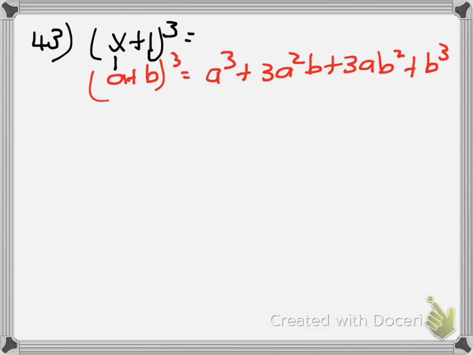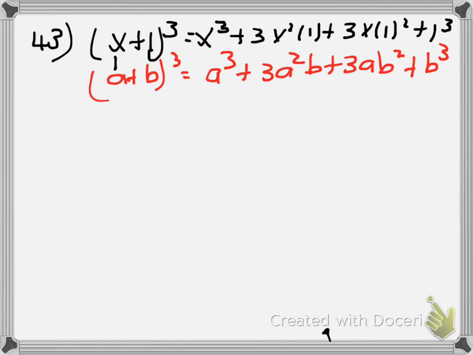Alright, so we have x cubed. Oh man, I'm having trouble writing with this thing. x cubed, there you go, plus 3x squared times 1, plus 3x times 1 squared, plus 1 cubed.